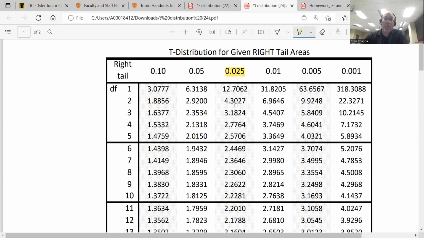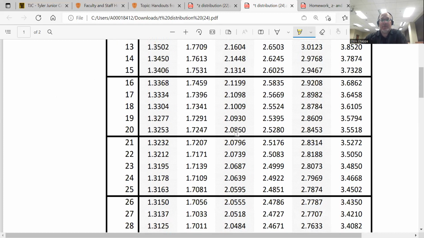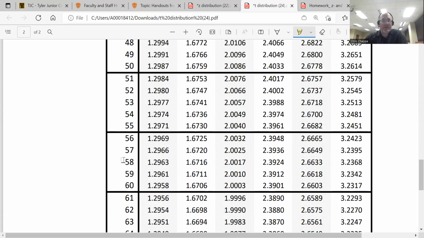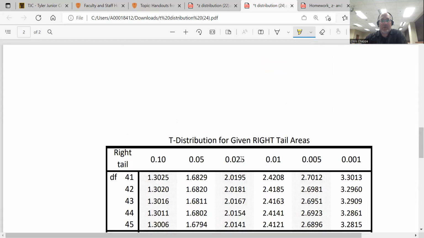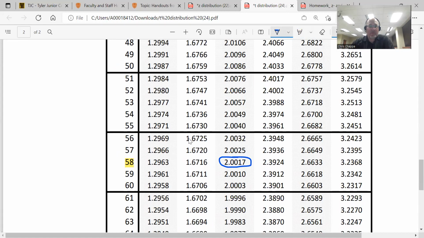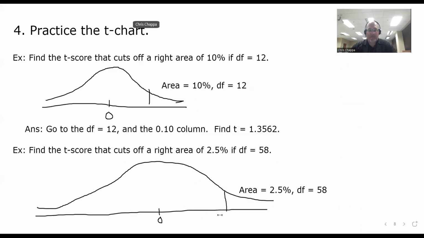The correct row will be whichever one says 58 degrees of freedom. And this is a 2-page table, which means we may have to flip to the next page. There it is. Here's 58 degrees of freedom. I believe we were in the third column. And so they intersect at 2.0017. T equals 2.0017. So it's a really easy chart to use. You just got to get acclimated to it.